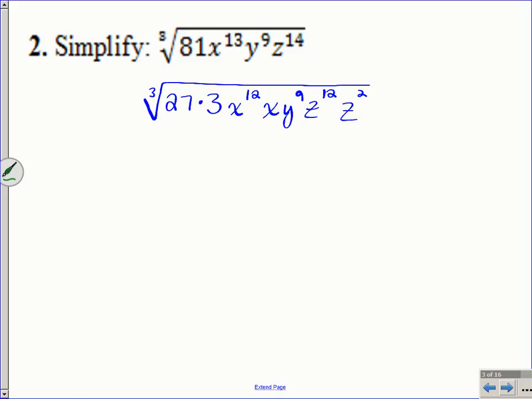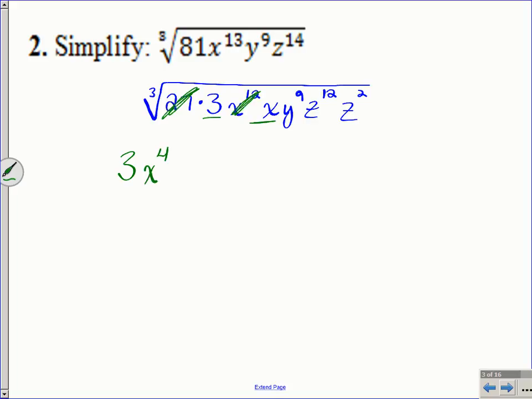So the cubic root of 27, notice I'm going to cross it out when I pull out, is 3. I cannot take the cubic root of 3, it's too small. 3 goes into 12 4 times, so I can pull out x to the 4th.